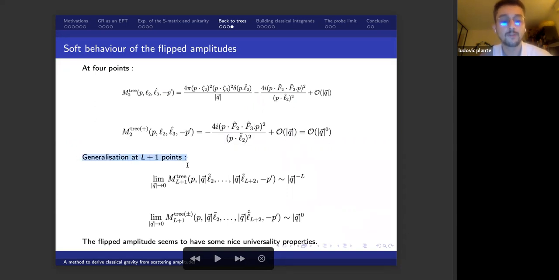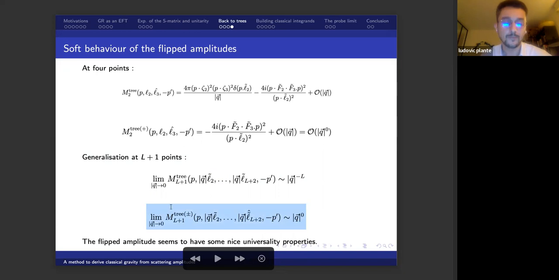And in fact, this behavior can be generalized. Typically, the soft theorem tells you that if you have an amplitude with 2 scalars and L plus 1 gravitons, it will be of soft order 1 over q to the power L. But on the opposite, an M plus or M minus amplitude will be, for all numbers of gravitons, only of order q to the power 0.